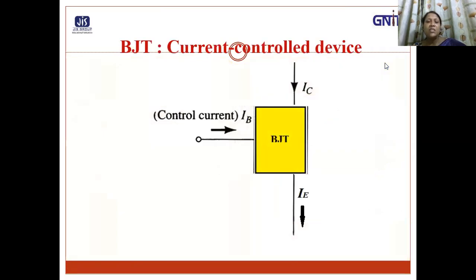So BJT is basically a current controlled device. Why? Because base current is controlling the whole phenomena of the bipolar junction transistor. Depending on the base current, the gain factor and the availability of collector current all depend on base current.